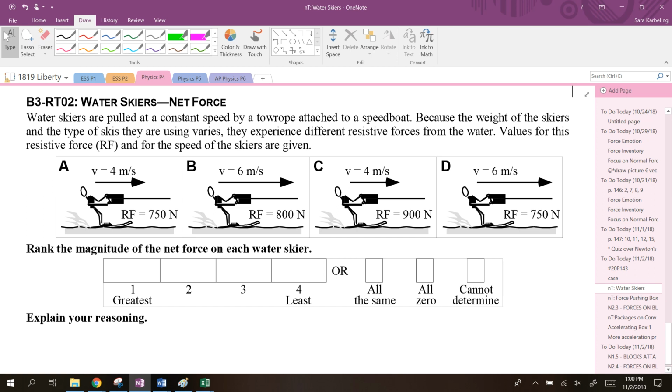You could read the problem carefully. I'll put it up in just a second. Is that okay?